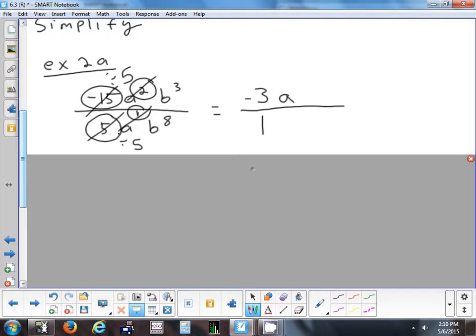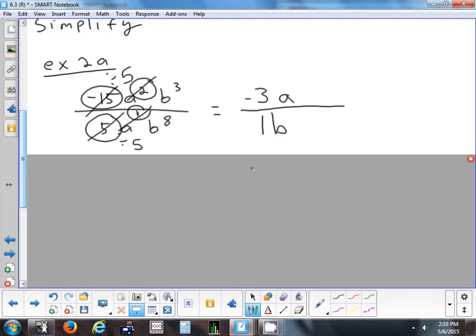Ben, what about my B's? Before you even try to do the subtraction, where's my B going to go? Top or bottom? Bottom, right? Good. What's with the B to the 8th and B to the 3rd? It's reversed. The B to the 3rd is on top and the B to the 8th is on the bottom.